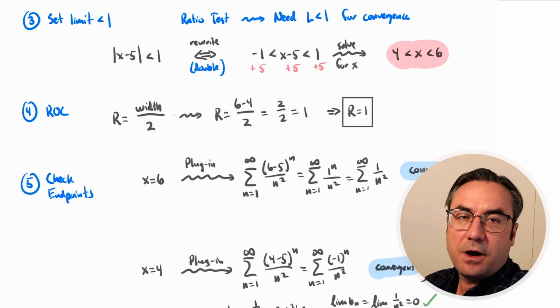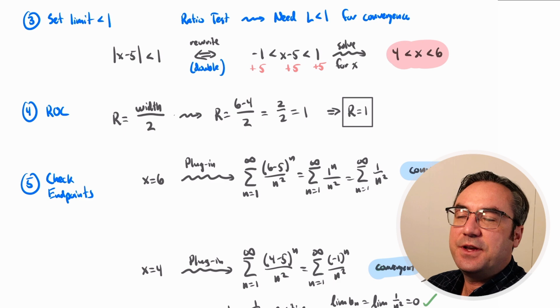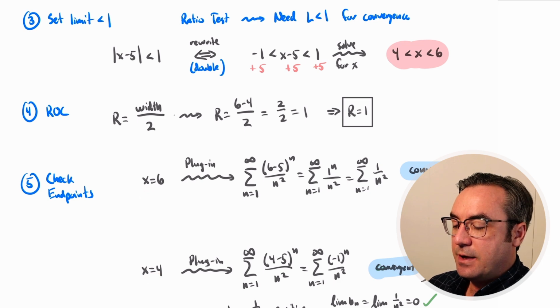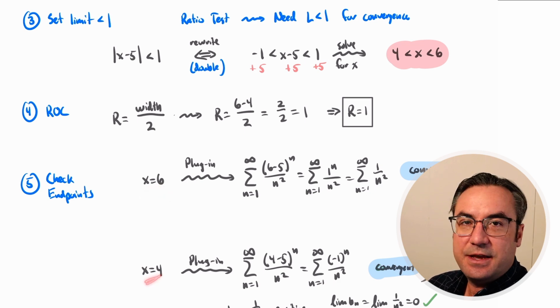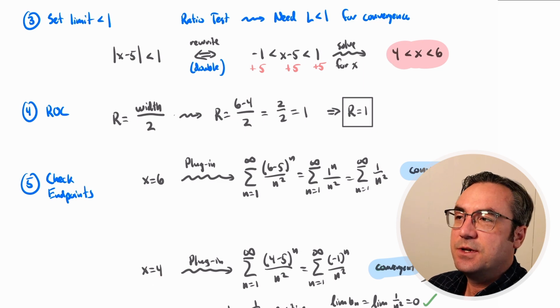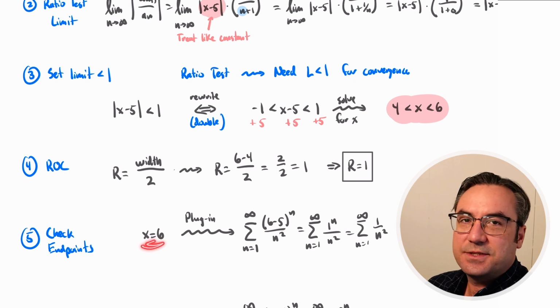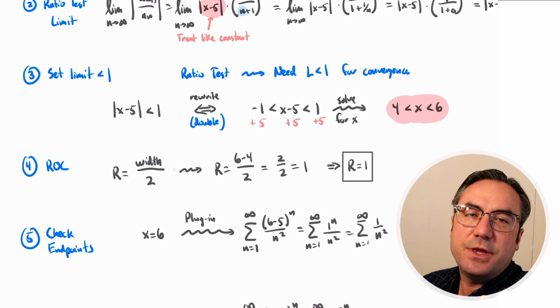So we use all of our other tests to kind of figure out what's happening at the endpoints for our interval. Why can't we use the ratio test here? Well, the ratio test, if we try to use it at the endpoints, we would end up with L equal to 1. And that would be inconclusive. So the ratio test doesn't work for the endpoints, so we have to kind of break out the other tests that we've seen.